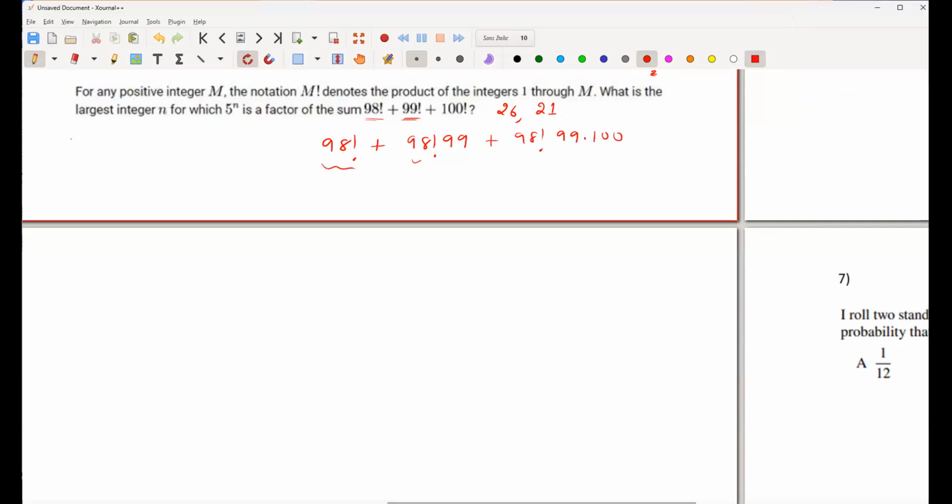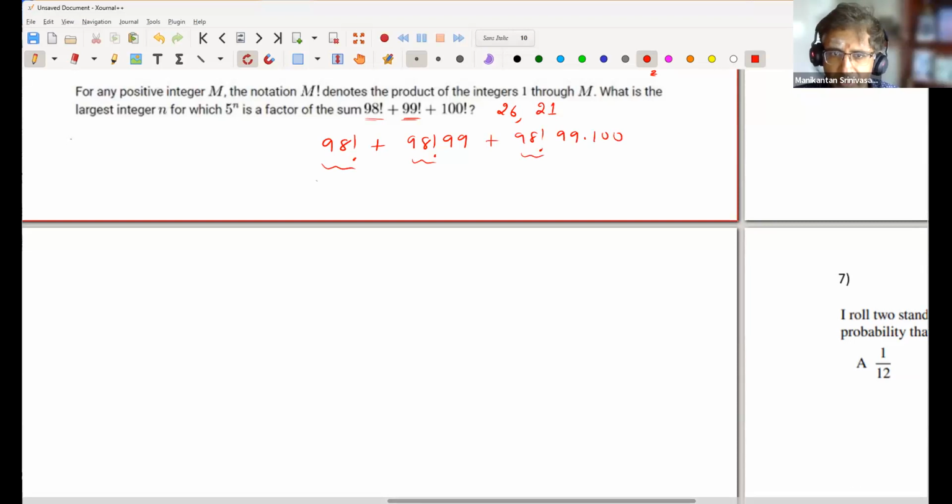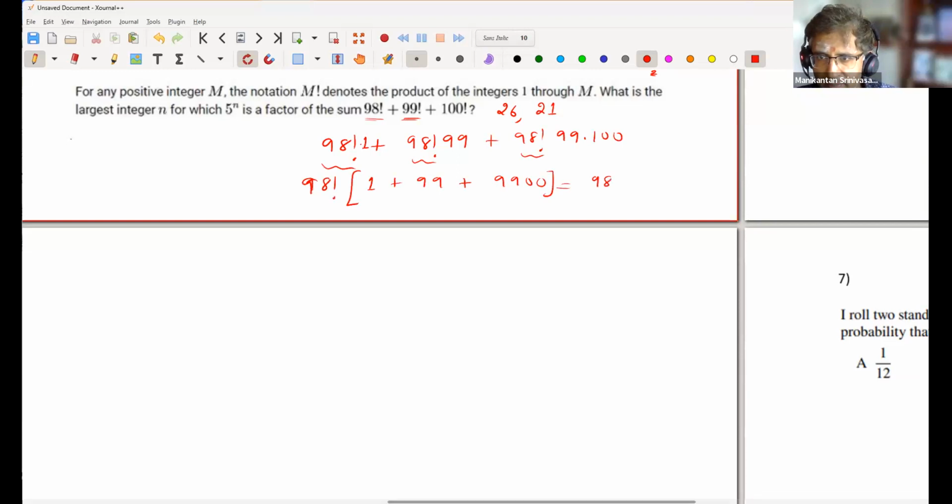So he's saying 98 factorial is common between all of them, and he's taking that common outside. Therefore, the first one has nothing, it's just 1 plus 99 plus 99 into 100, which matches with what someone else also called out: 98 factorial into 10,000.